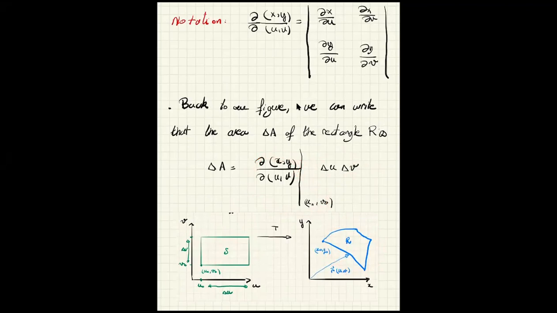And what is this number? Take the Jacobian, take this determinant, compute it, evaluate at U0, V0.